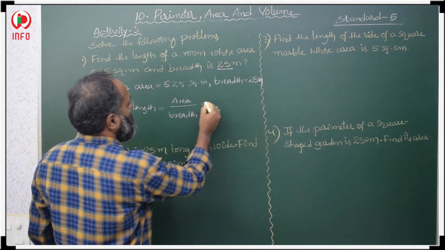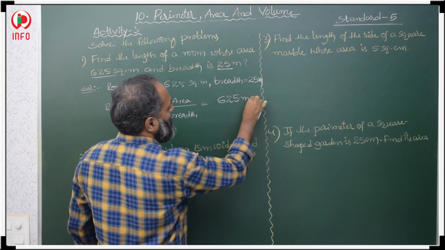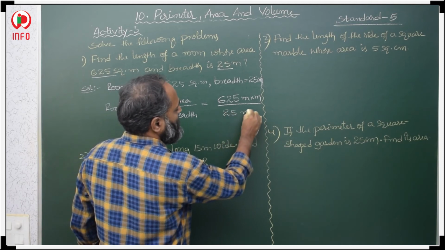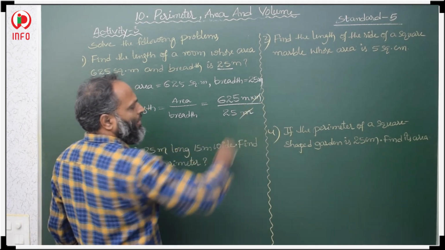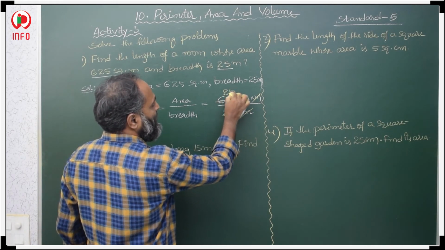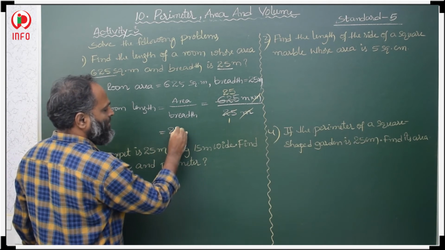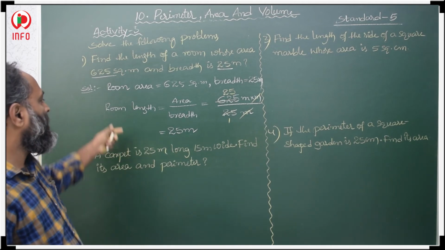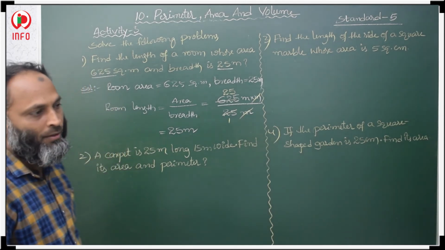Area is 625 square meters, meter into meter, by 25 meters. Now 1 meter gets cancelled, 25 ones are 25, 25 twenty-fives are 625. So length is equal to 25 meters. Okay. So how do you get the length of a room? Area should be divided by breadth, then you will get the length of the room.